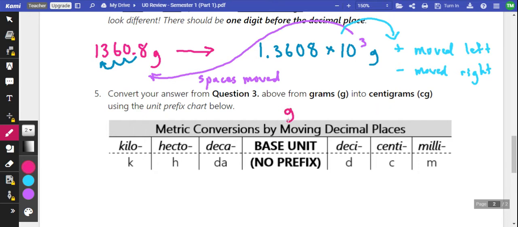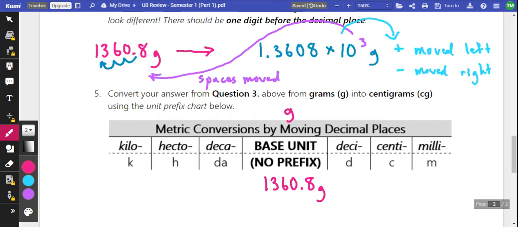Liters and joules and seconds are also different base units that we might use in chemistry. So grams is our base unit here, and our value is 1,360.8 of those grams.